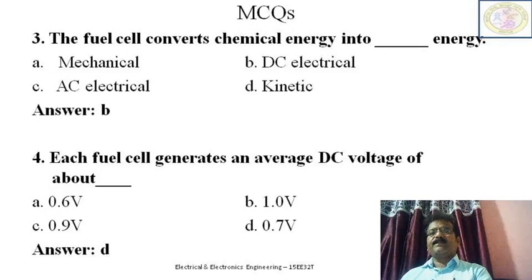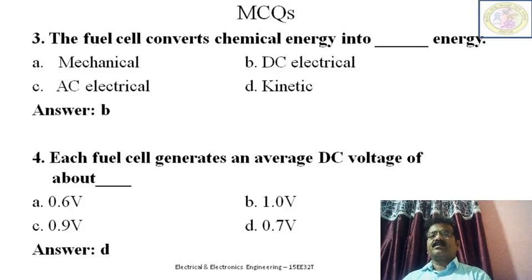Third one, the fuel cell converts chemical energy into dash dash energy. A, mechanical, B, DC electrical, C, AC electrical, D, kinetic.